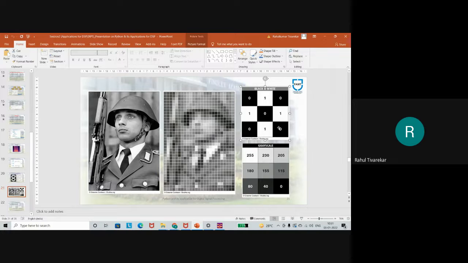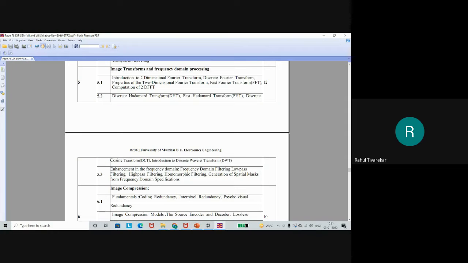But in the image, we have samples everywhere in the horizontal as well as vertical direction on the space coordinate, and that's why we have to deal with a two-dimensional Fourier transform. So we have to discuss what two-dimensional processing of a Fourier transform is, and then the fast Fourier transform and how it is applied on the image. So we will learn that.